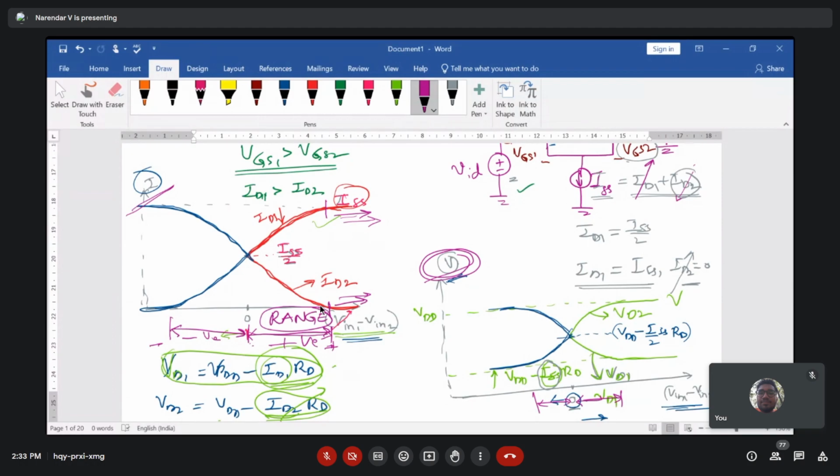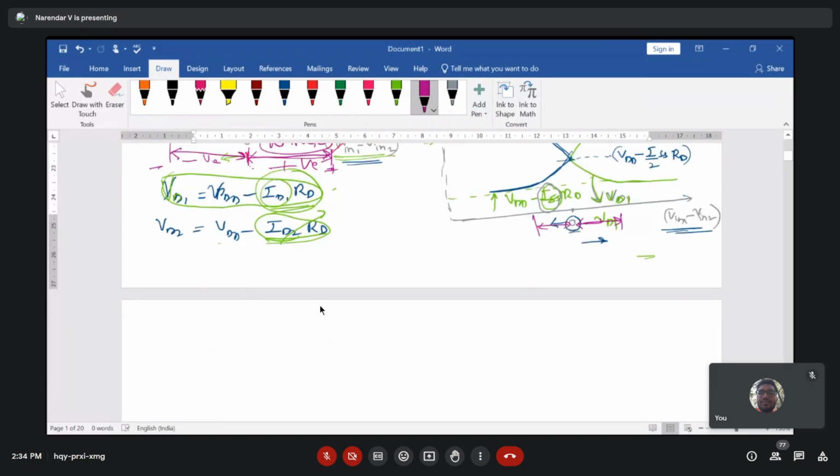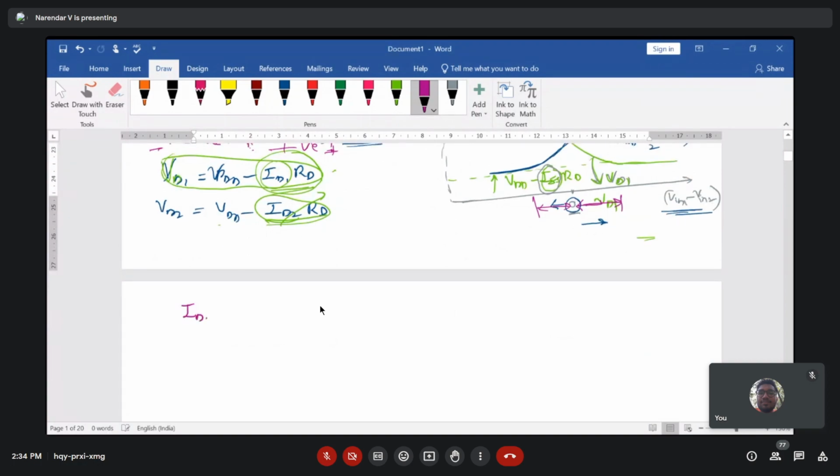So what you can consider is that we need to identify the range of the differential input so that the differential amplifier is going to respond. We have to know that range, right? So what we can write as ID1, the ID1 current, I can write it as ID1, which is half mu n COX W by L into (VGS1 minus VTH) whole square, right?